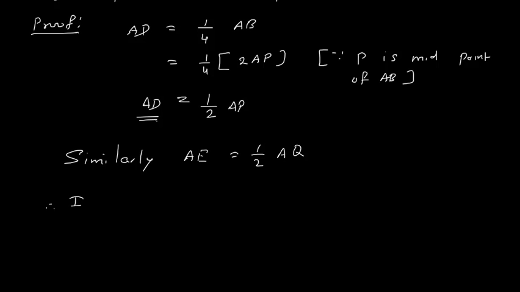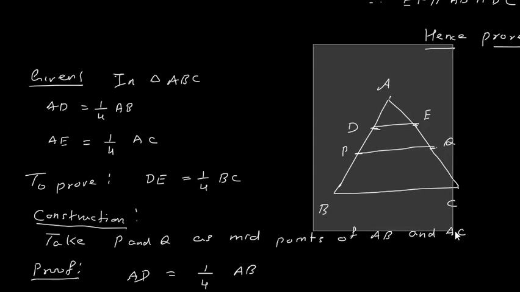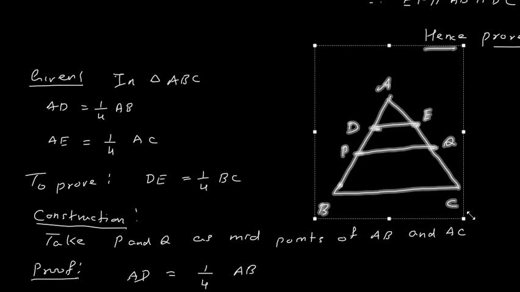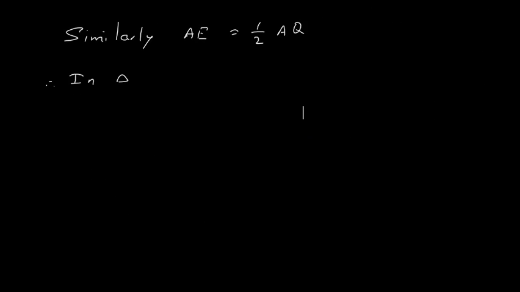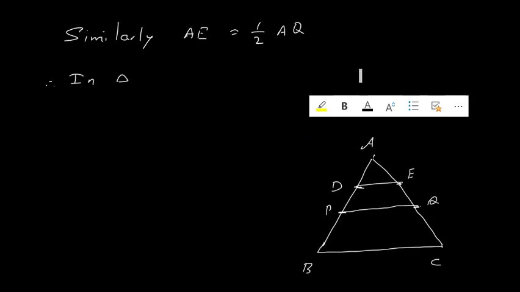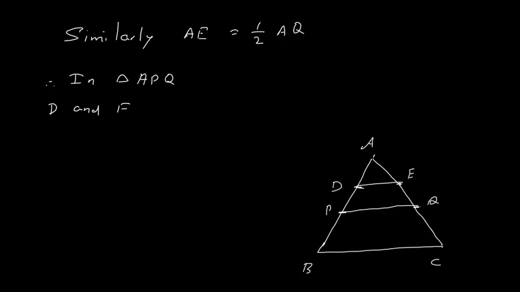So therefore, in triangle APQ, D and E are midpoints of AP and AQ.